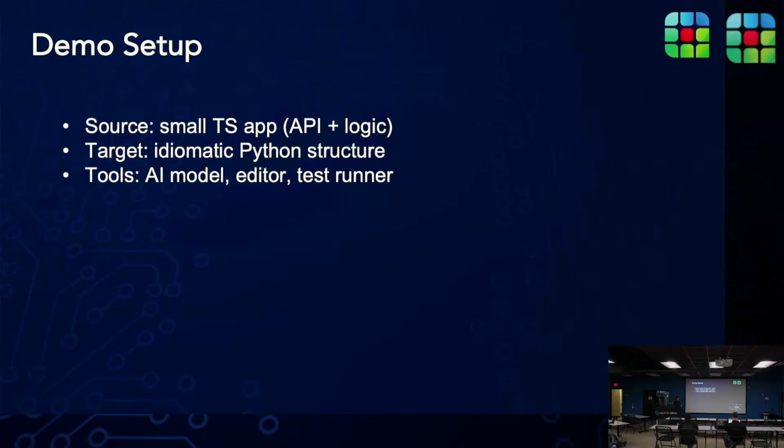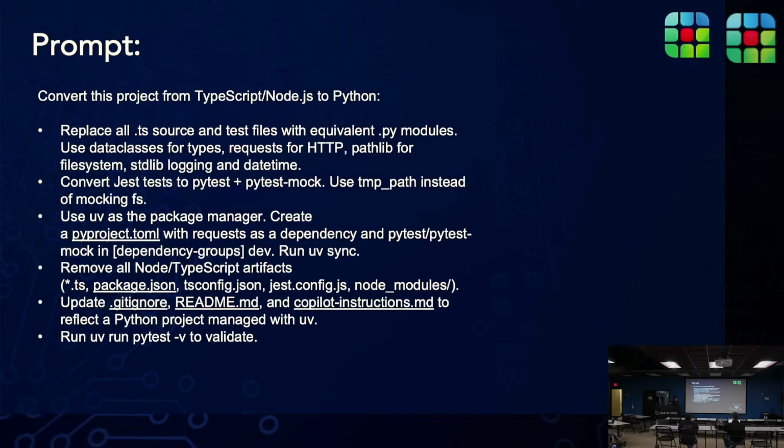The Opus and Sonnet are the Claude models, and they seem to work the best for me. ChatGPT, and I think there was one other, did not work nearly as well. I had a lot more manual updates to do. But the Claude ones, as you'll see here in a bit, hopefully, are really smooth for at least a very simple program. So here's the prompt that I'm going to use.